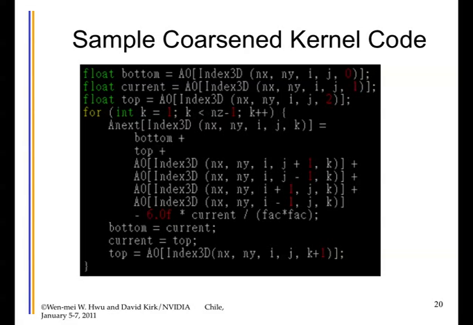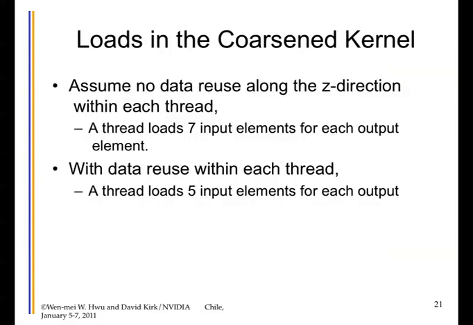And after this, you end up with only 1 memory access per element on average. So that's how register tiling, thread coarsening, and shared memory tiling all come together. And it's a very useful idiom for most of the stencil calculations.